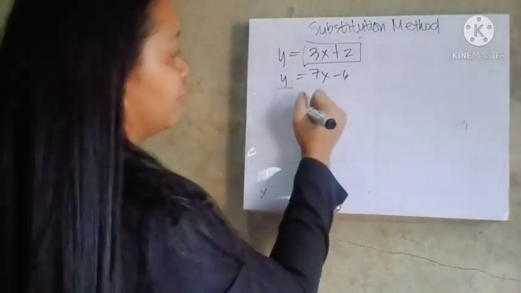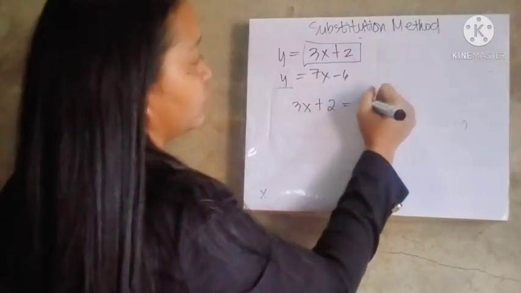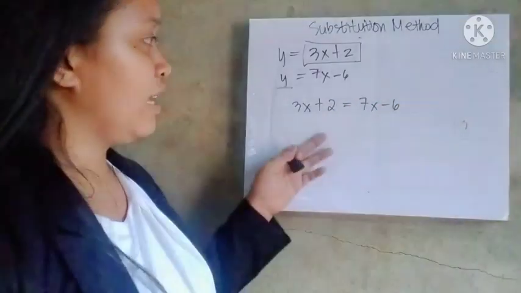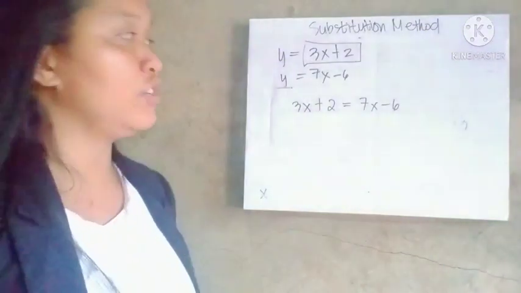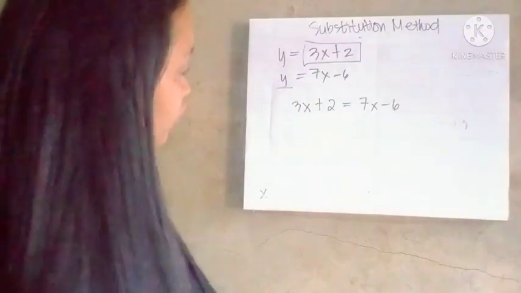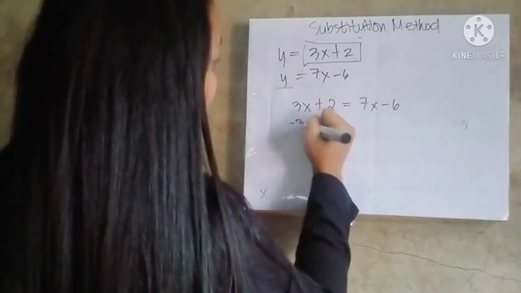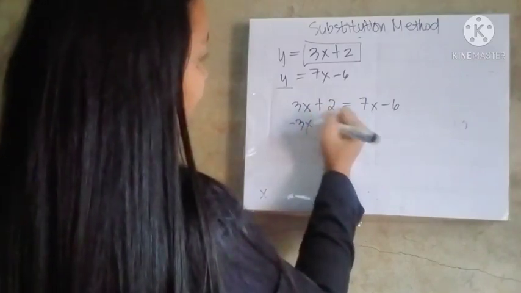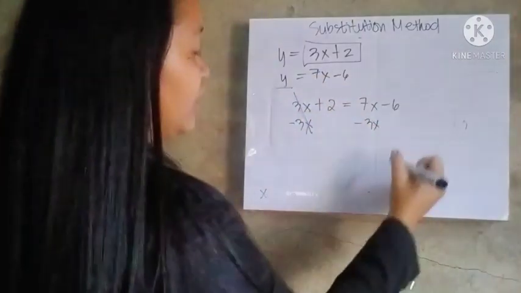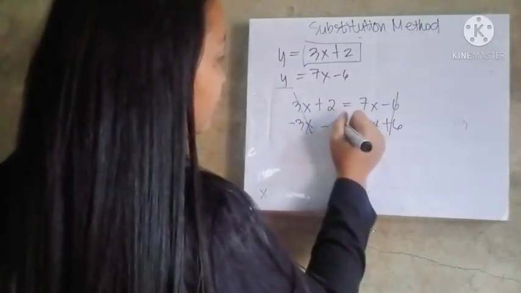So we can have 3x plus 2 is equal to 7x minus 6. Now we can find the value of our x. Here, we need to subtract 3x from both sides to cancel this out, and add 6 to cancel that out.